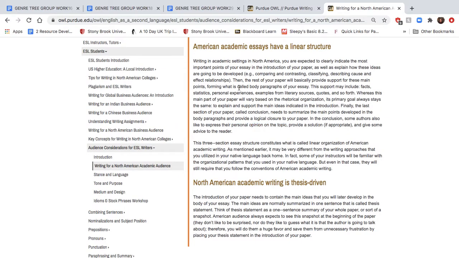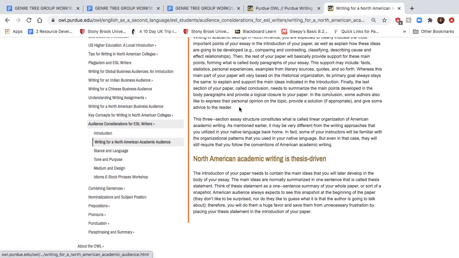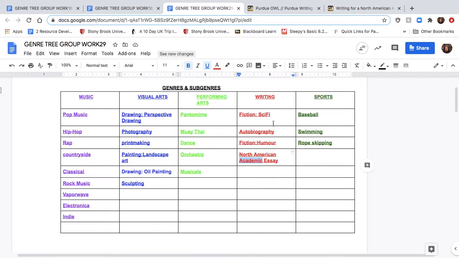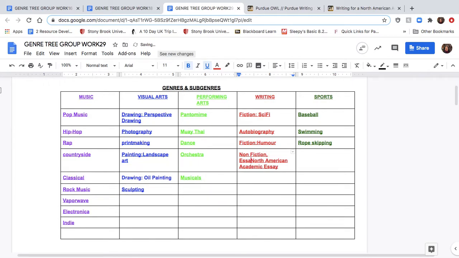So you're going to see that what we're learning here is the genre of the North American academic essay. It's a really, really specific genre that is born out of nonfiction, essay, and then finally the North American academic essay.